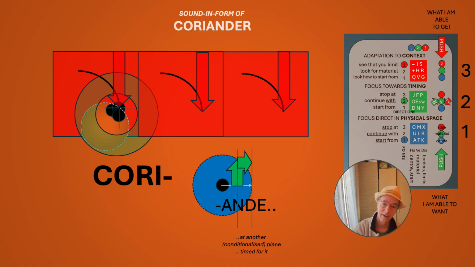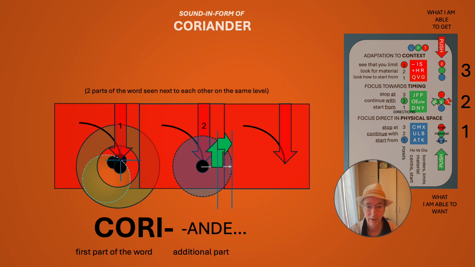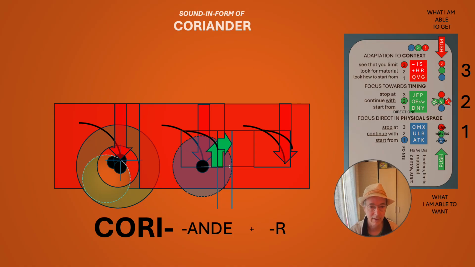So maybe I have some conditions at some point which I will also make happen with the E. And then the R, of course, will again have the same kind of associations of connections. So I have to first add the two parts. I'll put them here next to each other to make it more clear. So I have cori and I have ander, and then I still have to have the R to it.